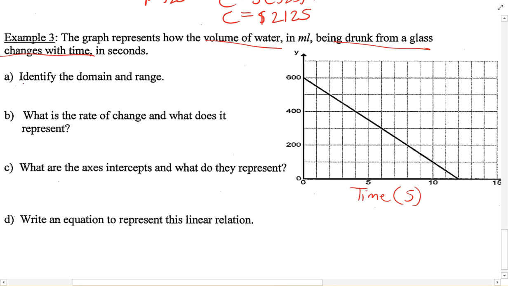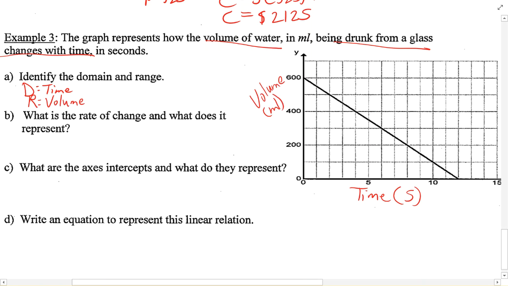So your domain is going to be time, and it equals 0 to 12. What is our range? Our range will be volume, and it will be in milliliters.